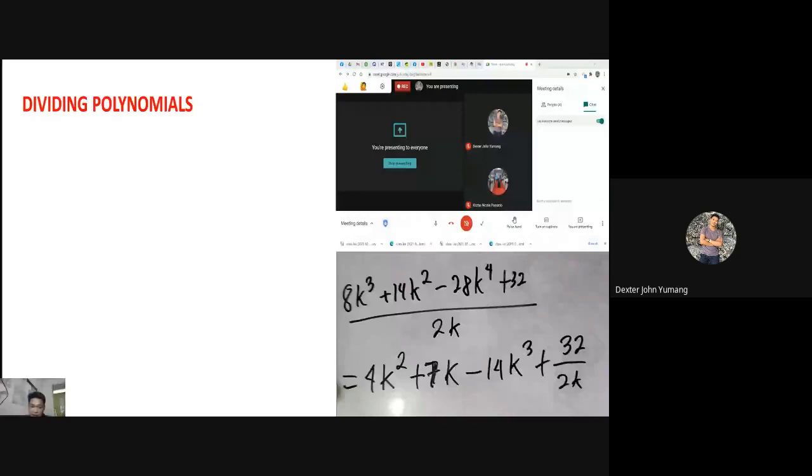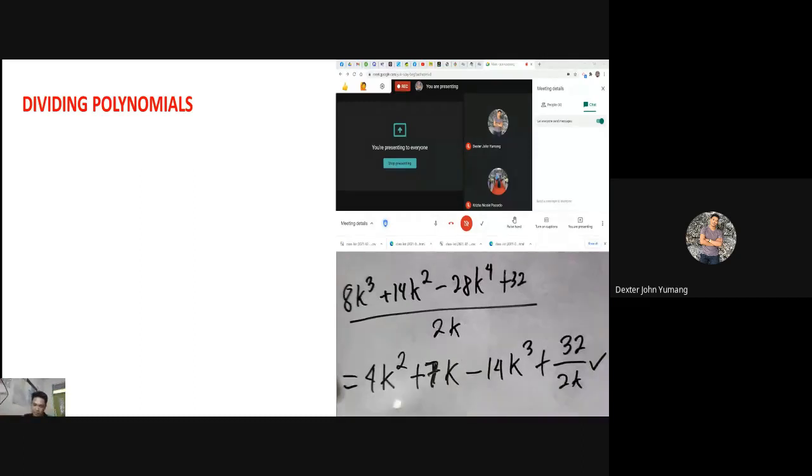Kasi nga po, kung basihan natin ang definition, pag polynomial daw po, walang negative na exponent. So, susundin natin itong second na solution. Tapos, what if may nagtanong sa inyo, mali ba yung first solution? Tama din po yun. Pero ang tawag doon sa kanya is na belong na siya sa abstract mathematics. Tama siya kung abstract. Pero kung algebra lang, hindi siya tama. Okay?